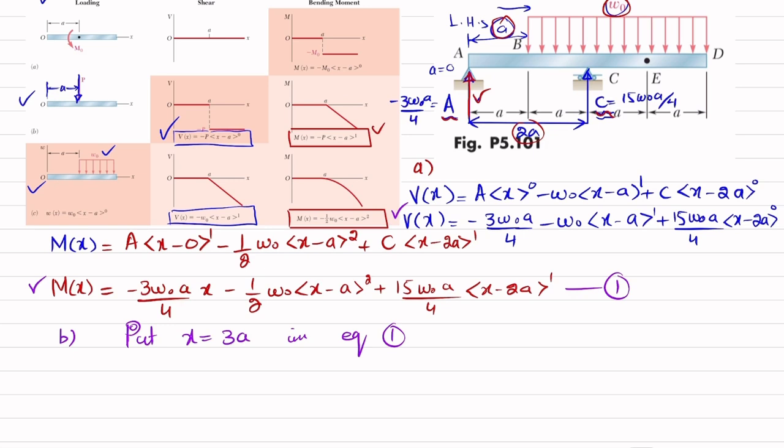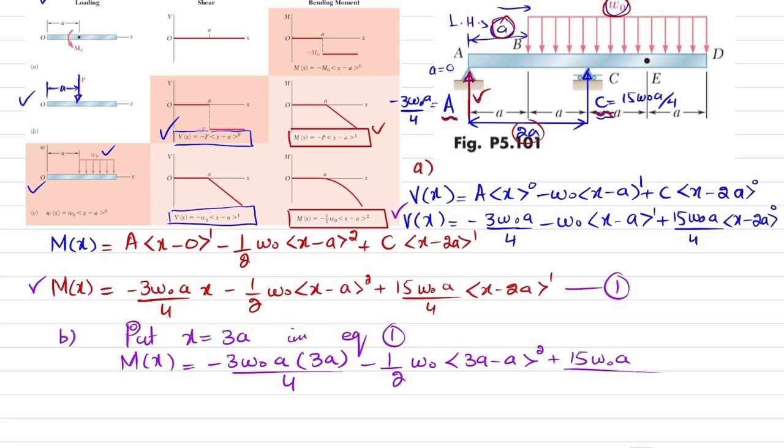So put x equal to 3a in equation 1, so you will get moment M equal to minus 3 w naught a into 3a divided by 4, minus 1 over 2 w naught, x will be replaced with 3a, so (3a minus a) power 2, plus 15 w naught a over 4 into (3a minus 2a) power 1.